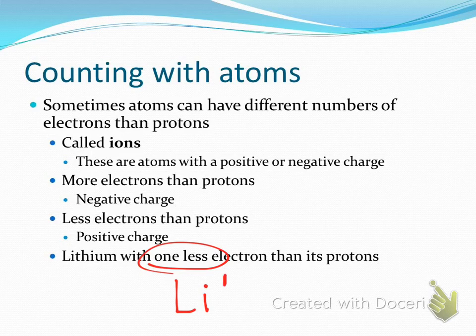So we just put up here a plus. Okay? We could put the 1, but usually whenever our charge is plus or minus 1, we just leave the 1 off completely. Okay? So really we would just say lithium plus. Anytime we have the 1, we can leave it off either way. Okay?